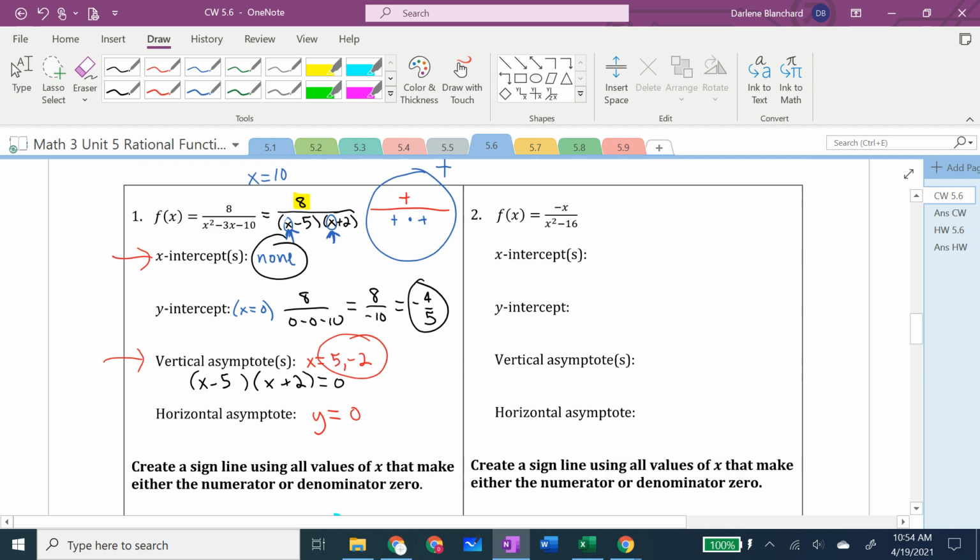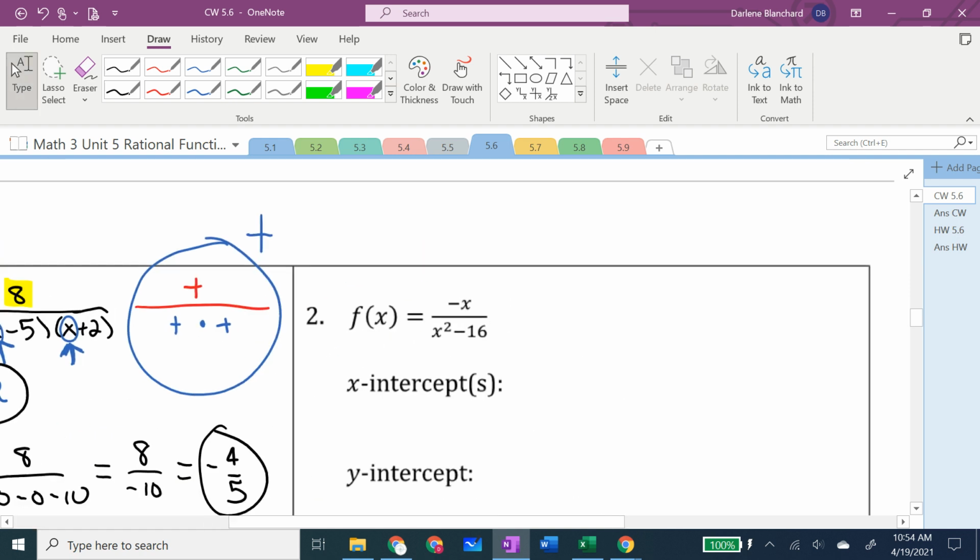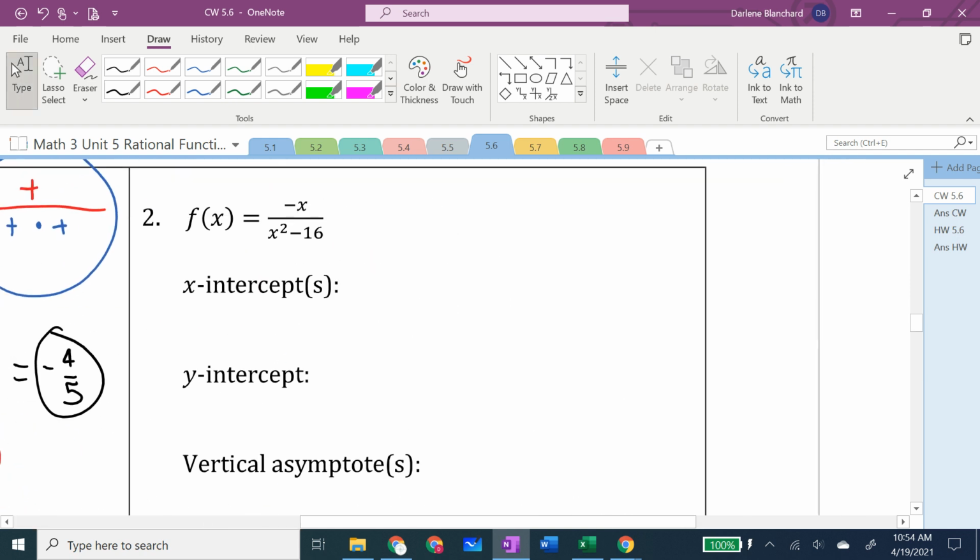Now, this next one. What I'm going to do is factor it, and I get x plus 4 times x minus 4 for my denominator. My x-intercepts are anything that makes the numerator equal to 0. That's 0.